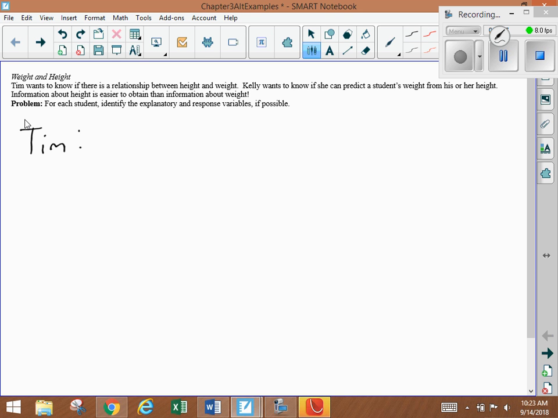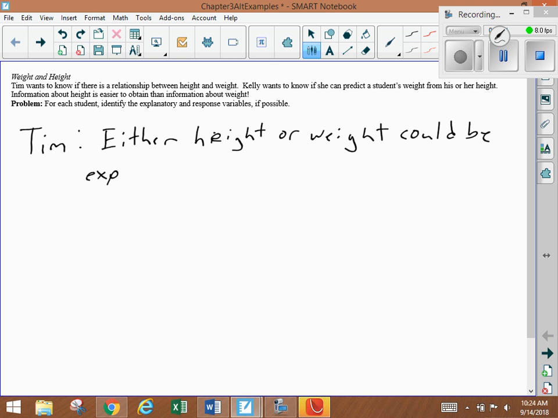It could go either way. If there's a relationship, you could have either one be the explanatory and the response variable. So for this one, either height or weight could be explanatory or response.